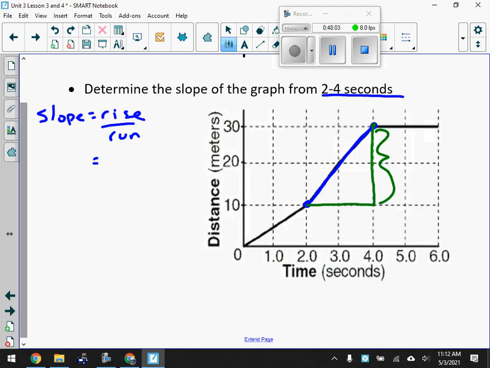Well, you're going from what? 30, this is the 30 point here, to 10, yes? So 30 to 10 is 20, or basically 20 meters, yes? So this is going from 10 here up to 30. So that's 20 meters here.